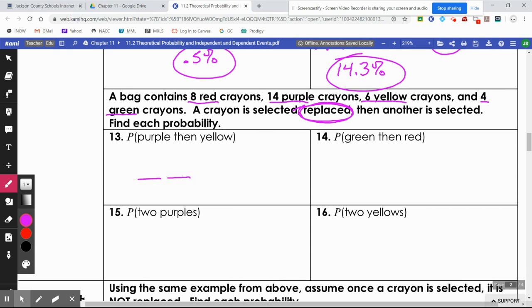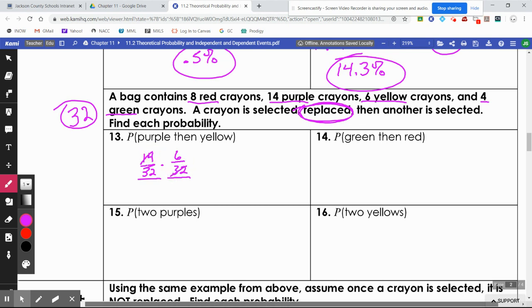The probability of drawing out a purple, well, let's first find out how many total there are. There's 8 and 14 is 22, 28. There's 32 total crayons here. So the probability of drawing out a purple would be a 14 out of 32. The probability of drawing out a yellow, since I put that one back in, is now a 6 out of 32. We can cross cancel.